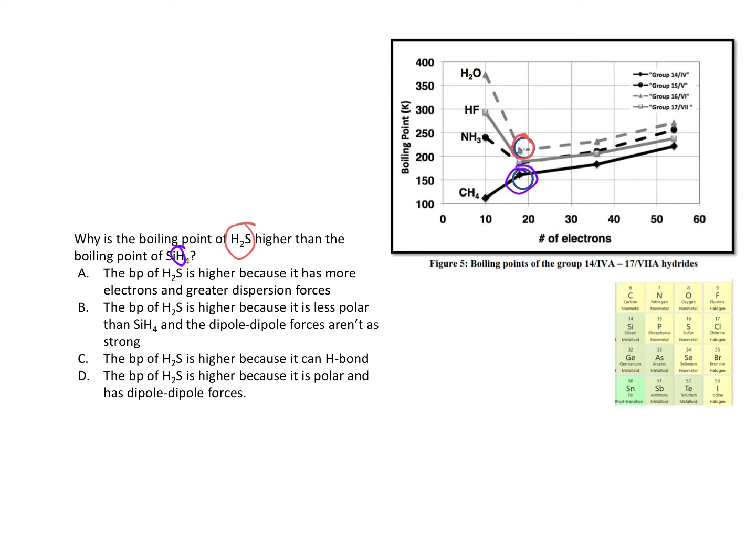D, because H2S is polar and has dipole-dipole forces. Yes, that's correct. So the silicon hydride is tetrahedral, does not have any dipole-dipole interactions, no lone pairs. It's a nonpolar molecule. H2S is polar. It has dipoles, can have dipole-dipole interactions.